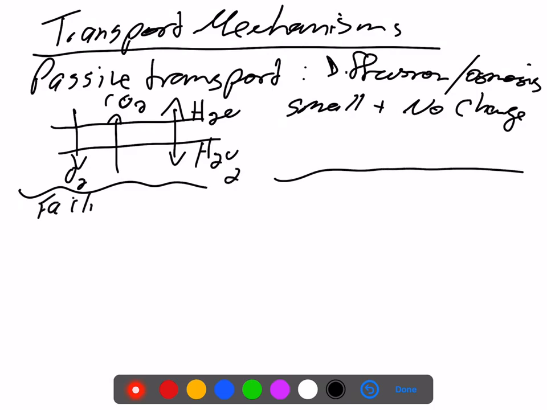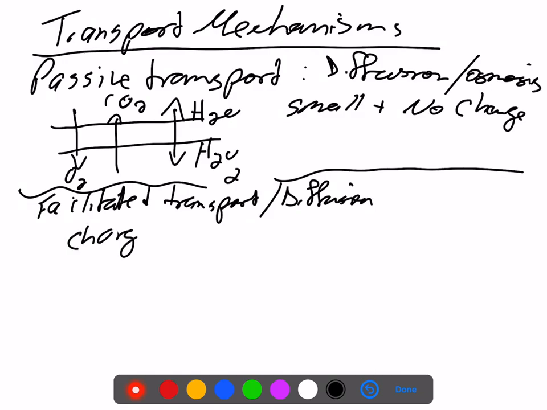The other one is facilitated. So what sort of things need facilitated transport, or facilitated diffusion? Things that are tiny but have a charge, those are going to need help. Facilitated. I need help because I have a charge.